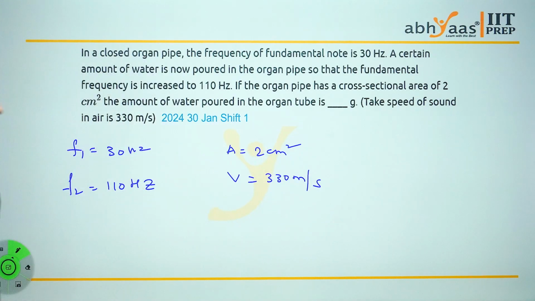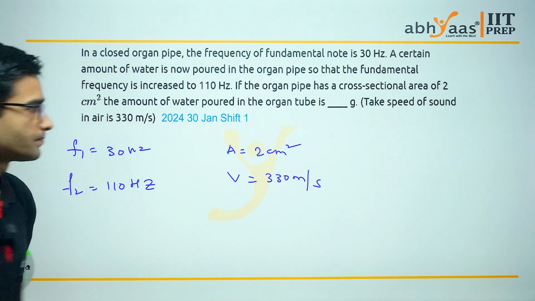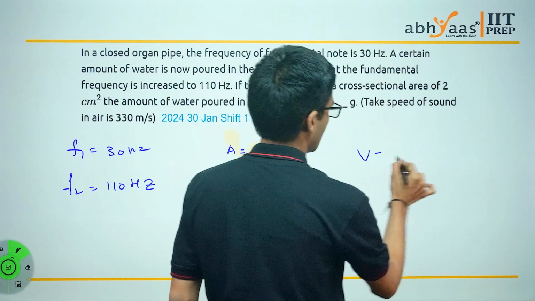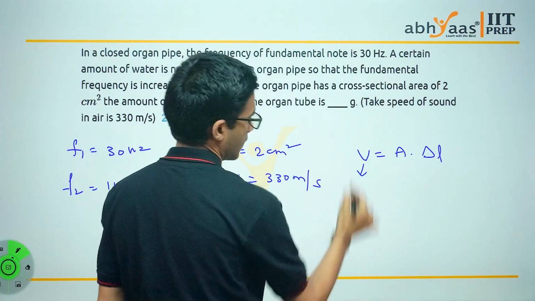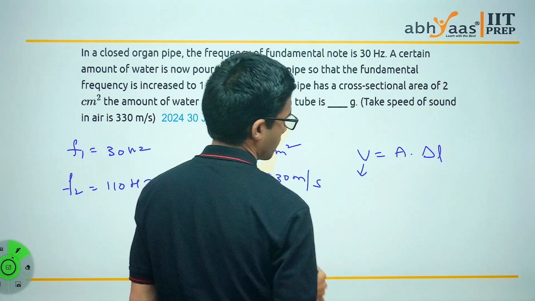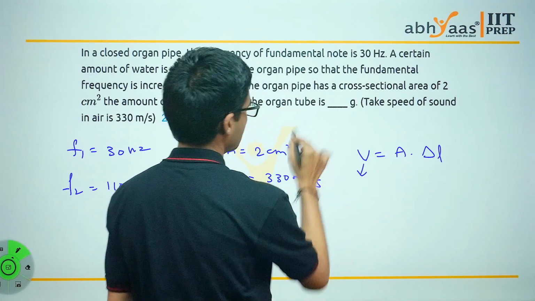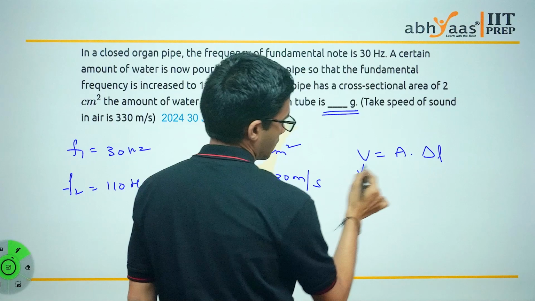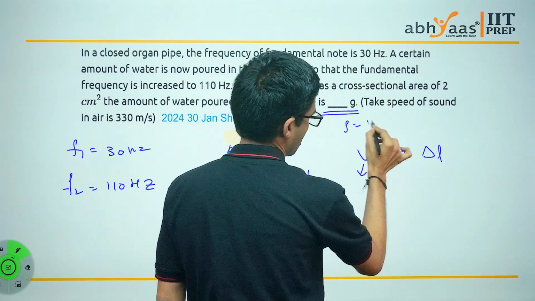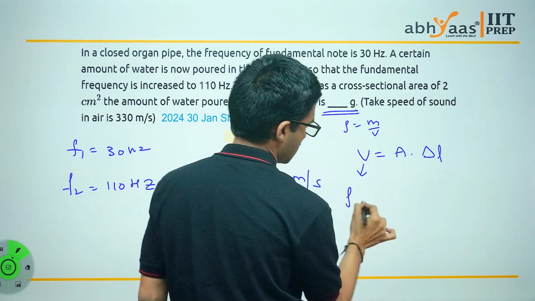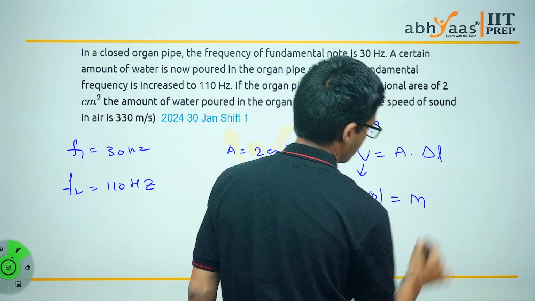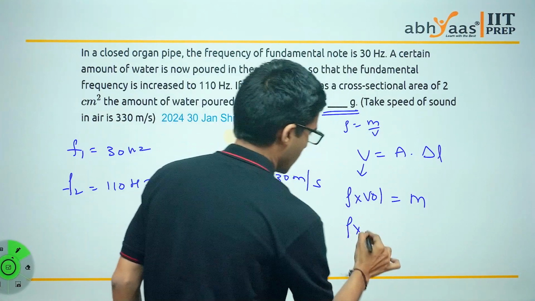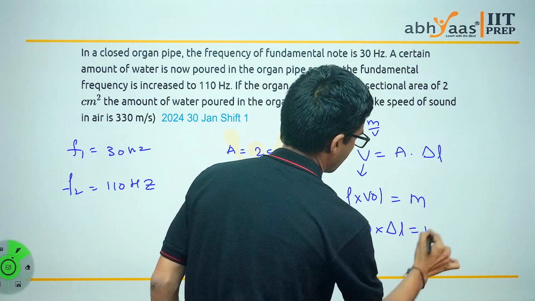What you need to calculate is the amount of water, that means volume. Volume is equal to A into delta L. Since water is given, density equals mass per volume, so mass is equal to density into volume, rho into A into delta L. You need to calculate the mass in terms of grams.